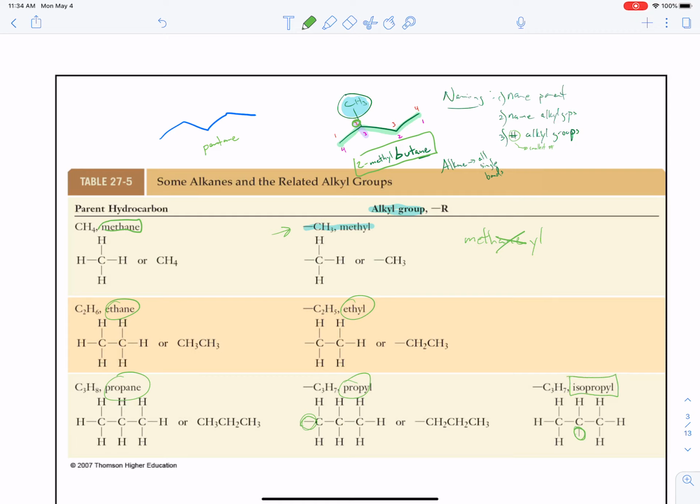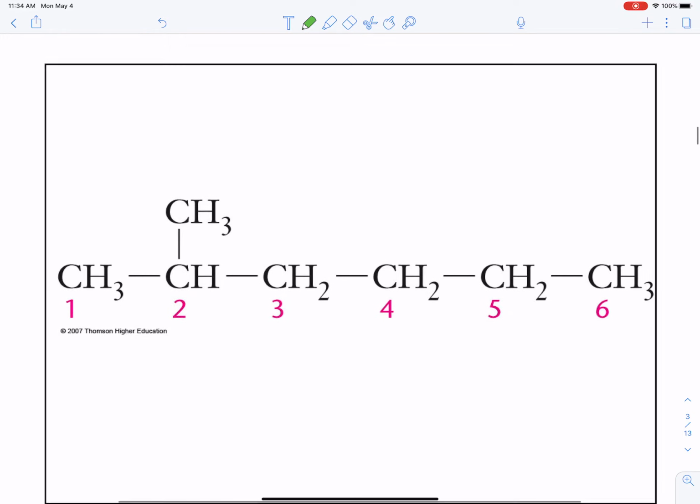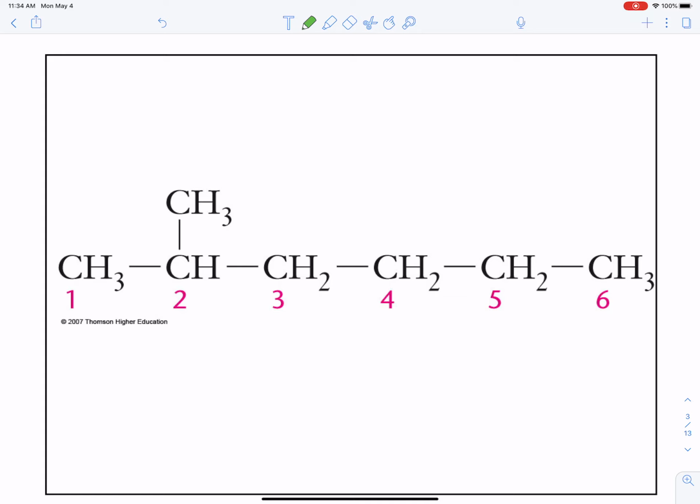So isopropyl alcohol kind of has this structure. Isopropyl alcohol is also known as rubbing alcohol. It's a great disinfectant. Now, how would I name this thing? Well, notice that I've gone ahead and numbered the parent for you, 1, 2, 3, 4, 5, 6. Now remember, I could number it the other way too.